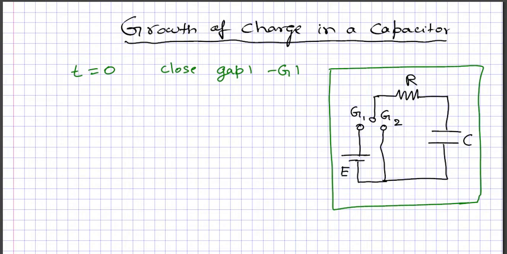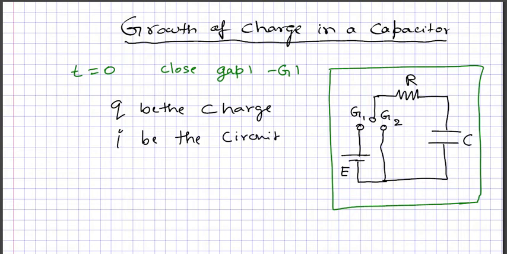Let us say that at any instant of time, Q be the charge on the plates of the capacitor and I be the current in the circuit at any time t.